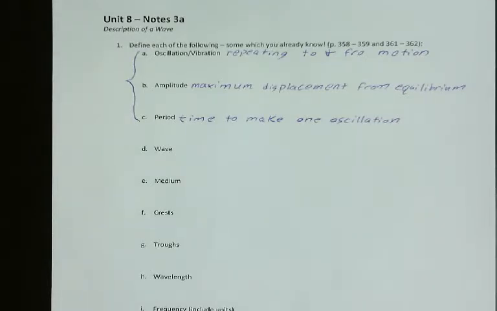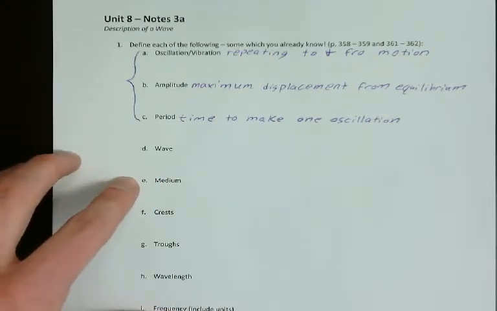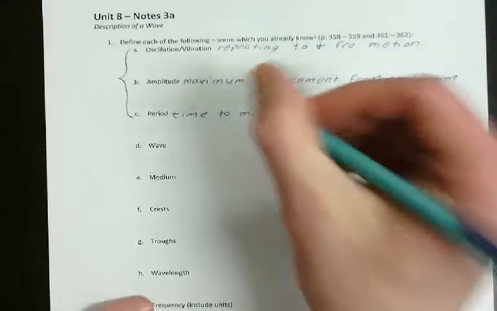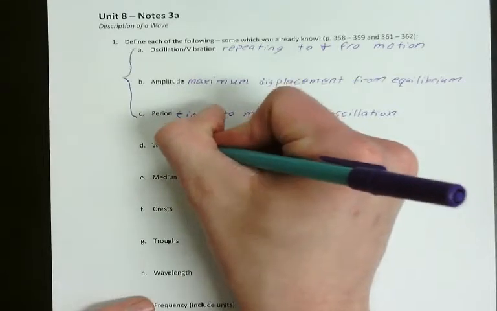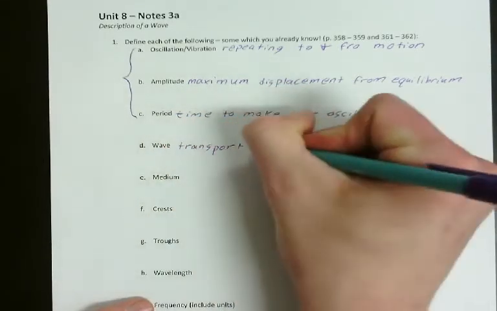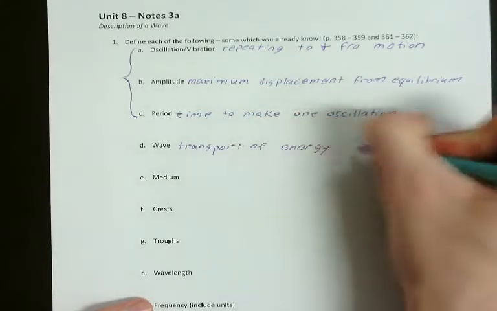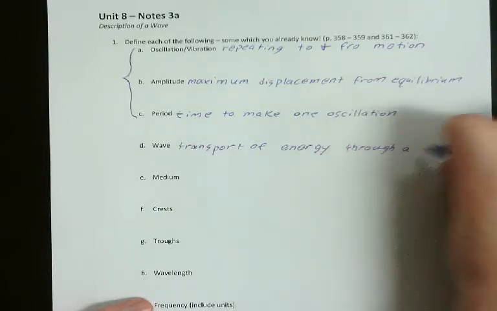All right. Let's look at these next two. I'm going to do these two with you, and then we'll talk about the next couple after that. All right. Waves. So a wave is transport of energy through a medium.